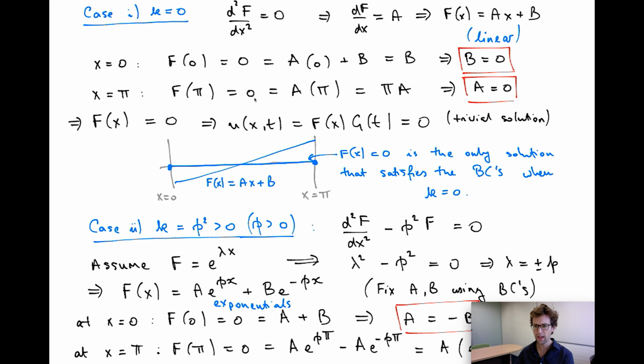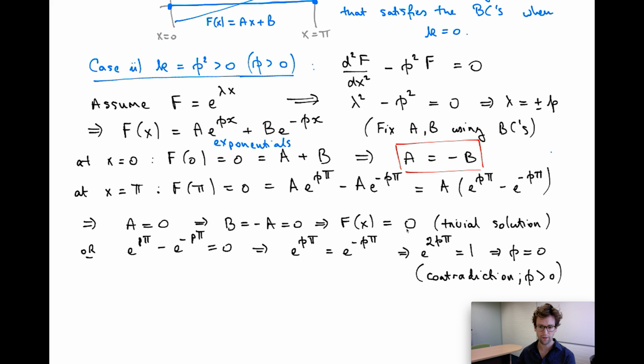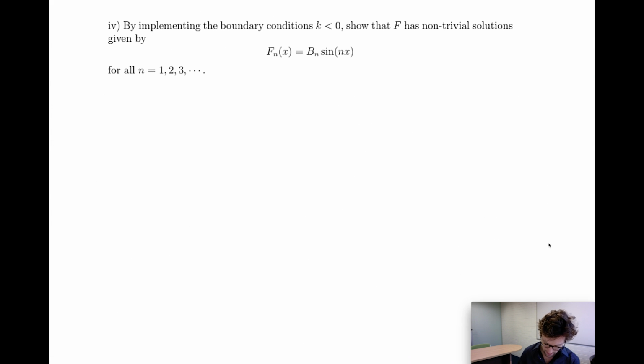And I found in both cases that it ended up giving me just the trivial solution, f of x is equal to 0 for every value of x, or it gave me a contradiction, that p is a number equal to 0. So what that's telling us is that k equal to 0 and k a positive number do not give me an interesting, non-trivial solution to this differential equation. So I'm going to have to look at the third case, k is equal to minus p, a negative number.